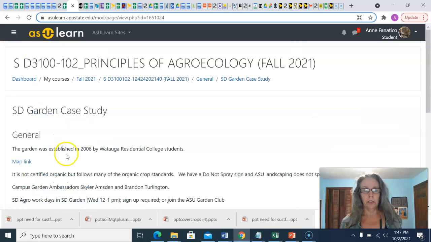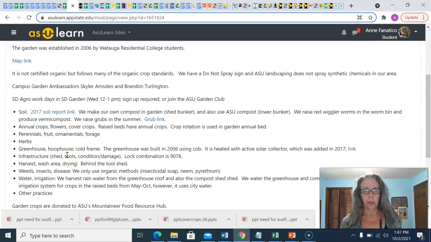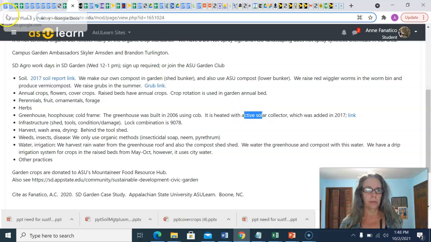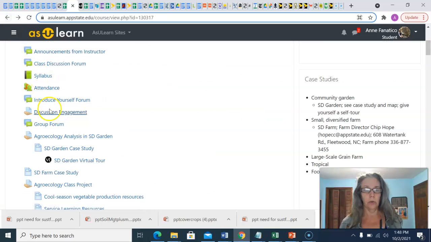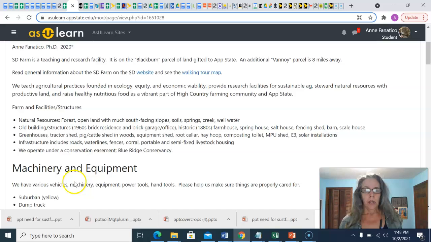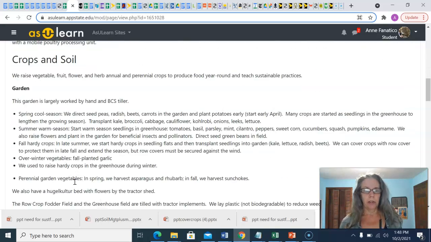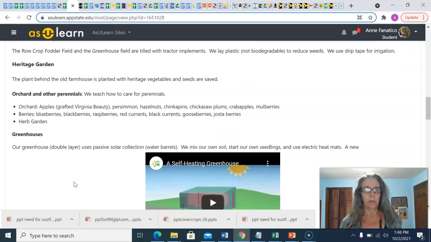The SD garden, for example, I would expect y'all to have an idea that the greenhouse is an active solar collector. It's not passive. So that's an example of the things that you need to know. With the farm, some things are important to know: we normally have livestock, we're an integrated farm.